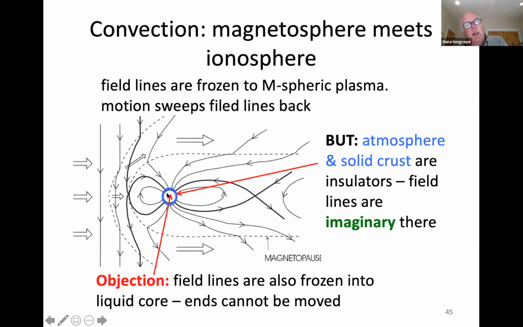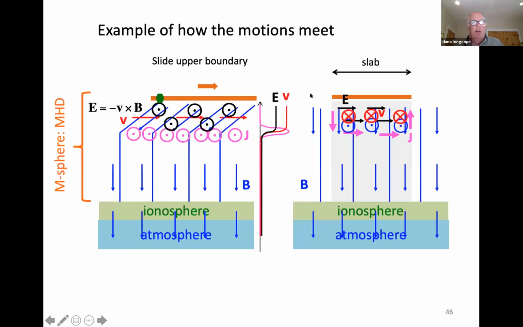So you have frozen-in field deep in the Earth's interior, and you have frozen-in field in the magnetosphere, but there's a layer where it's not frozen, and therefore you can have those two different speeds meeting each other. And here's a sort of picture of what I mean by that.